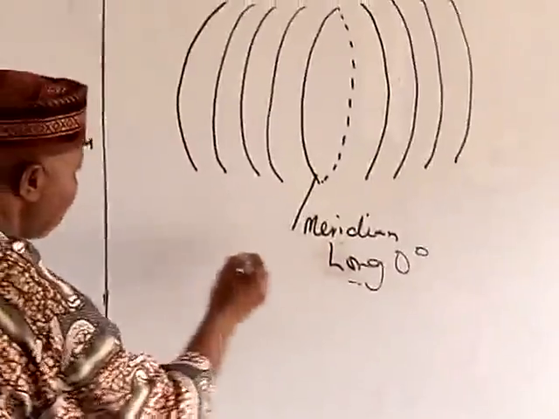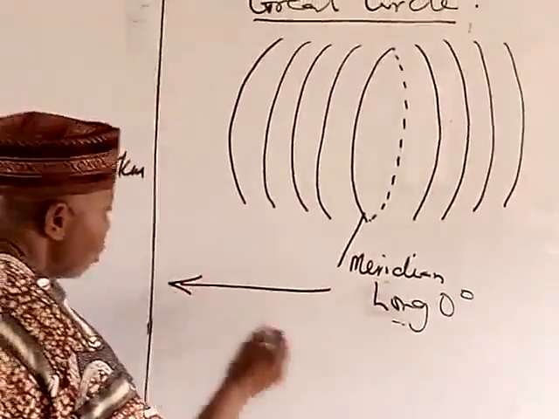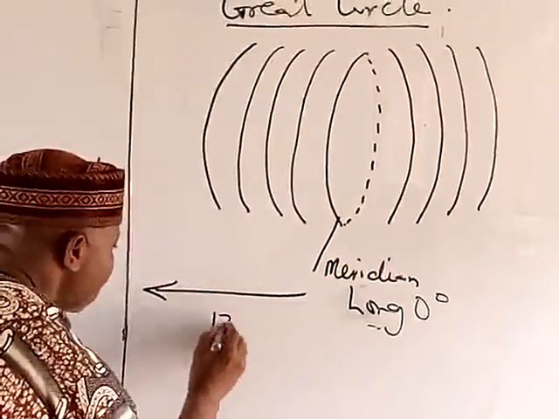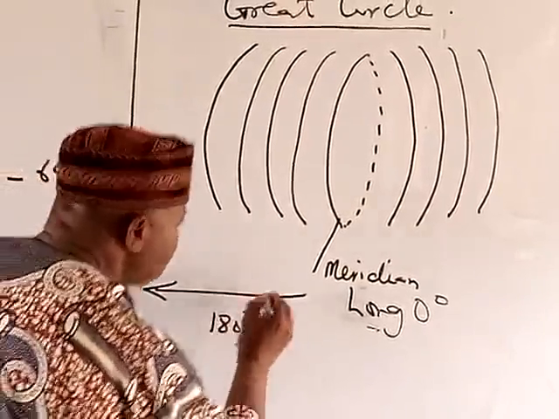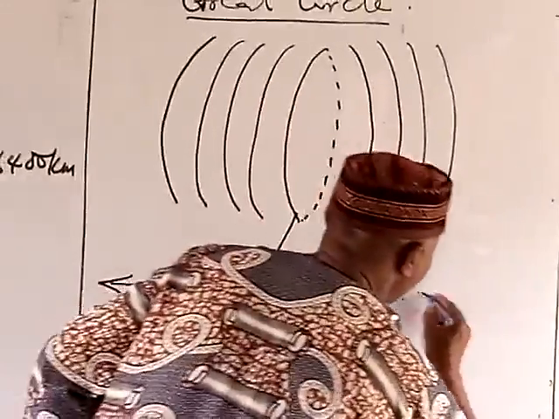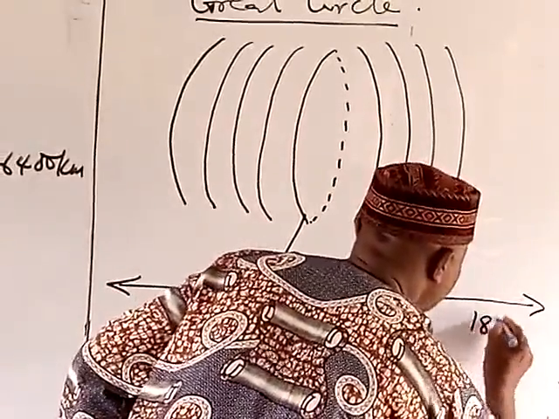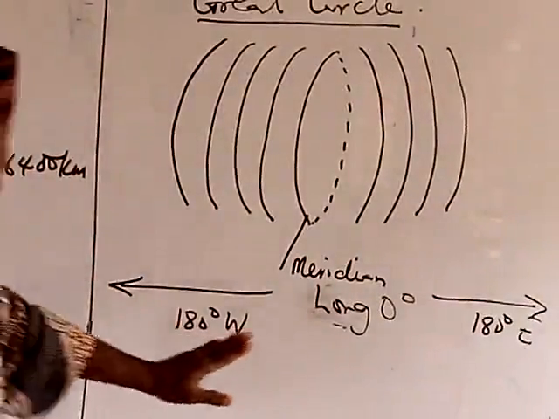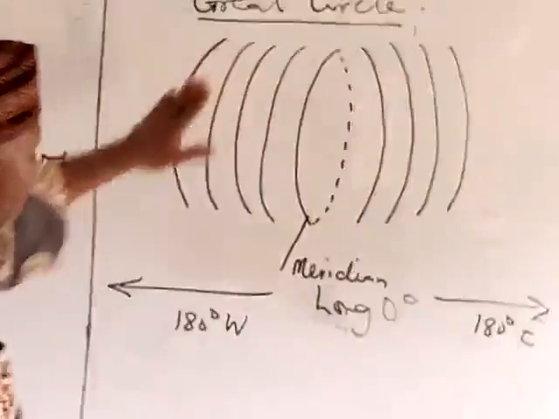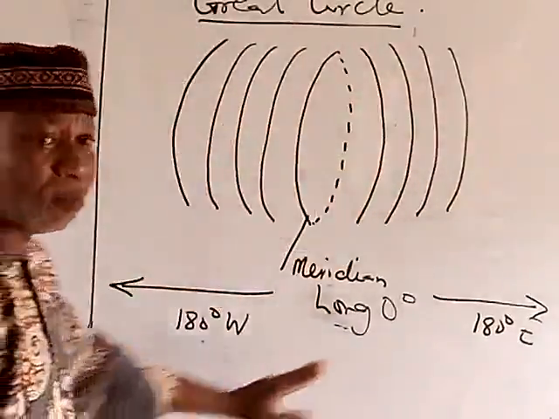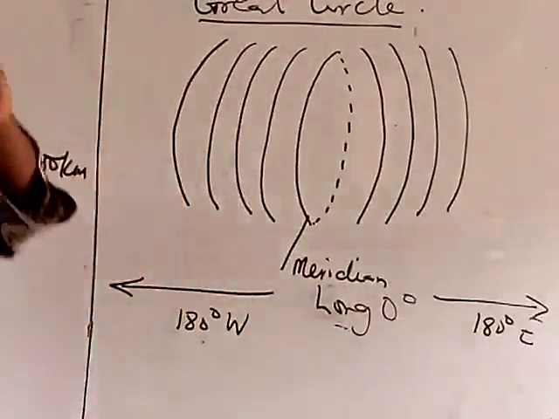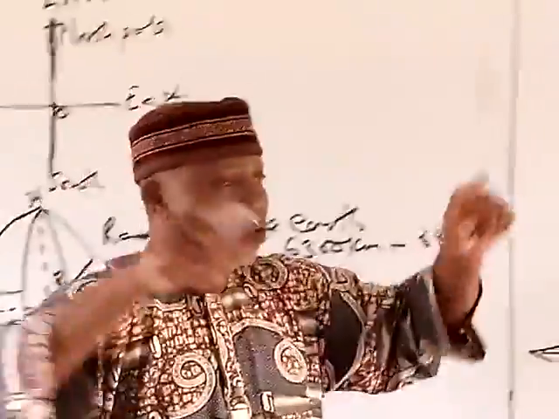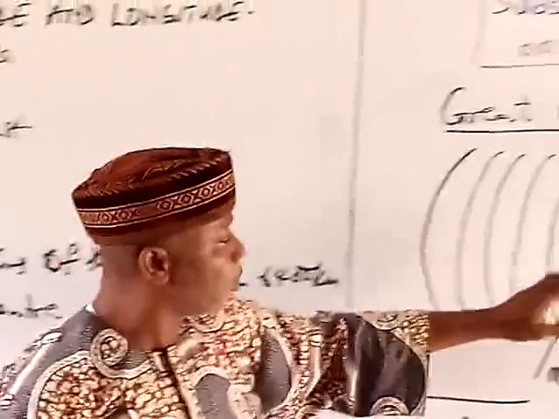When you move to the left, you have 180 degree west. When you move to the right, you have 180 degree east. So the great circle, to have a complete rotation, 180 plus 180 will give you 360 degree, which is the complete revolution or rotation.